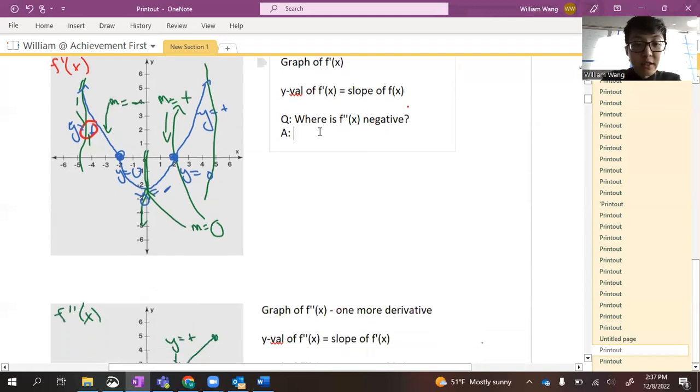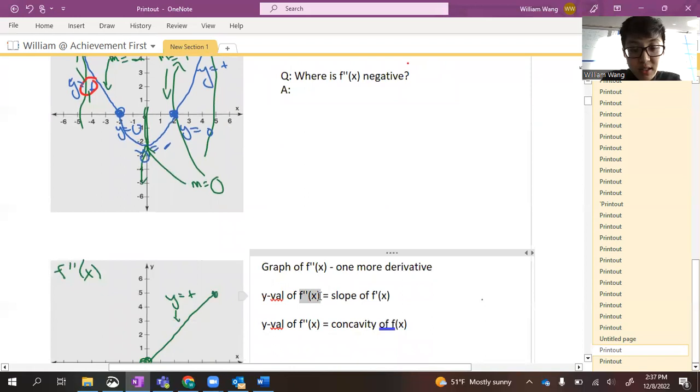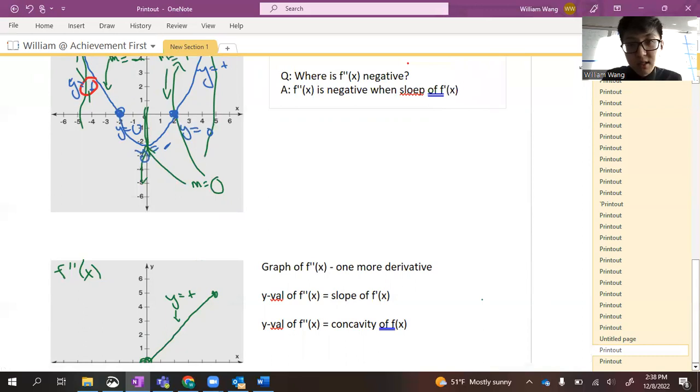Well, remember my relationship: f double prime of x is the slope of f prime of x. So f double prime of x is negative when my slope of f prime of x is negative.